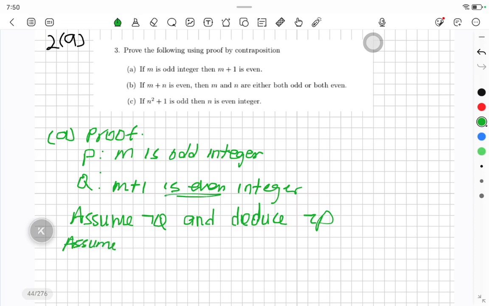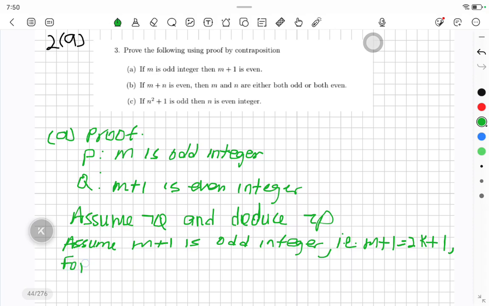I'm going to assume that m plus 1 is an odd integer. What do we mean when we say m plus 1 is an odd integer? We mean that m plus 1 is equal to 2k plus 1 for some k element of an integer.